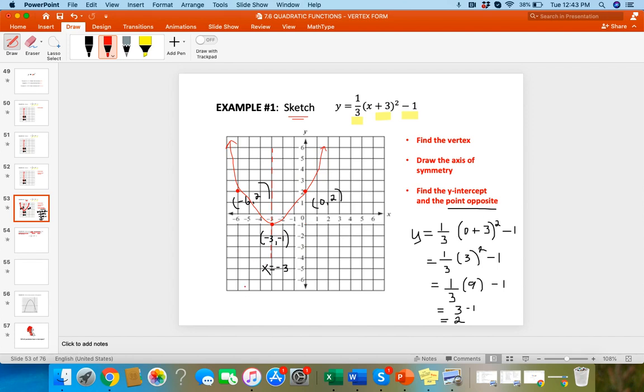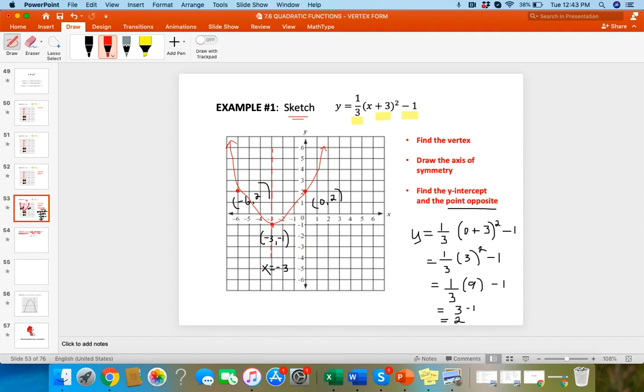The next one says, what's the domain? Well, for this one, the domain would stretch from -infinity to +infinity, or x is an element of all the real numbers. And then if I take a look at the range, I would see that if I consider it from the bottom up, the function does not start until -1.